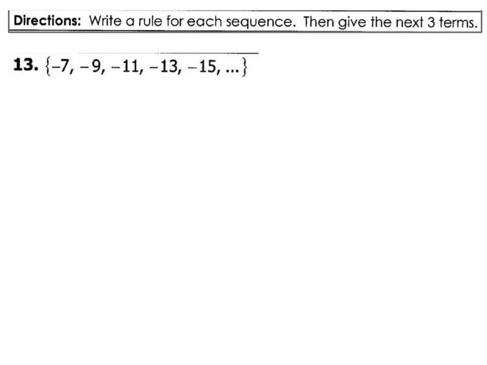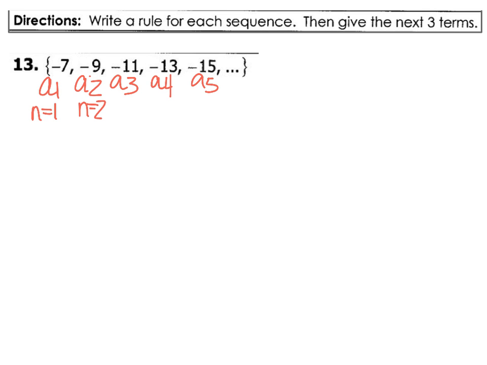So what we want to do is start by labeling these as the first term, the second term, the third term, the fourth term, the fifth term. So when we're saying A1, the first term, that means n equals 1. A sub 2, or second term, means n equals 2, and so on and so on. Negative 11, n equals 3.